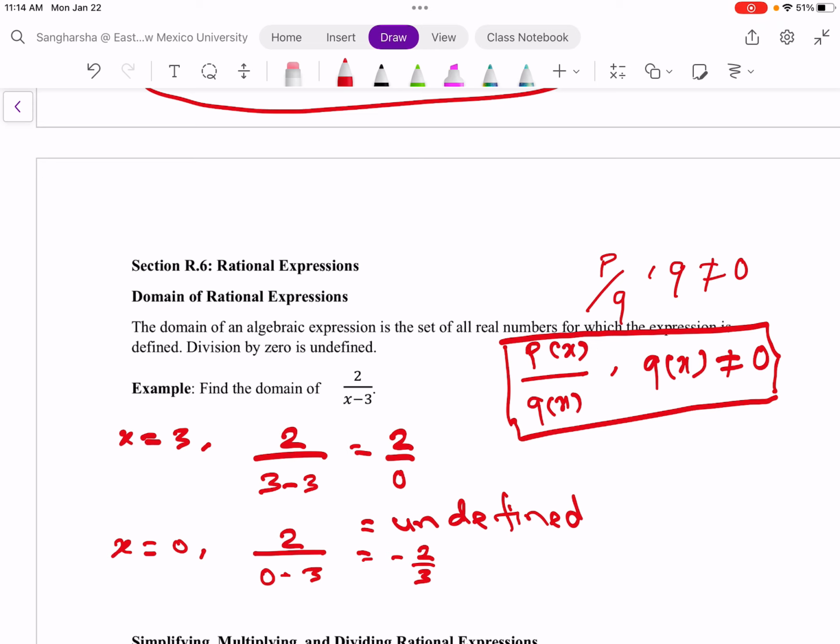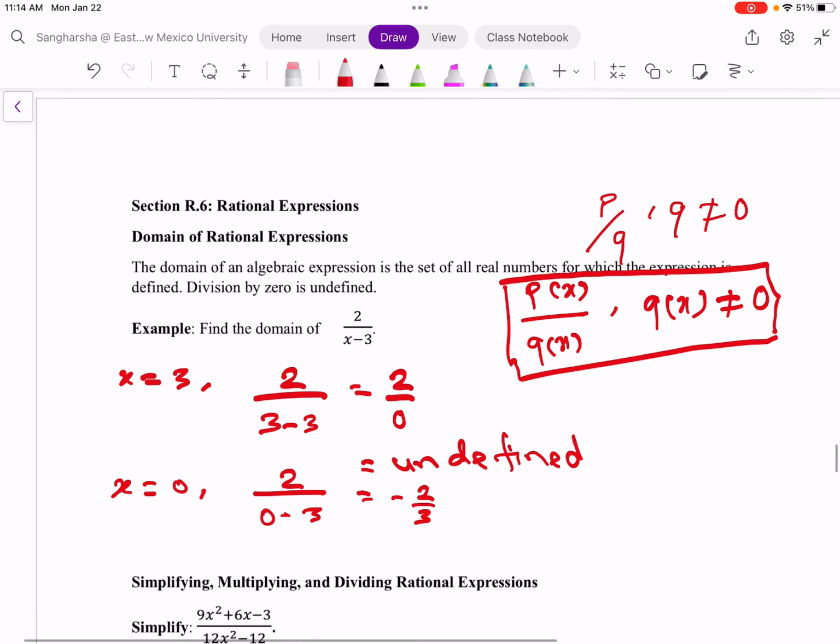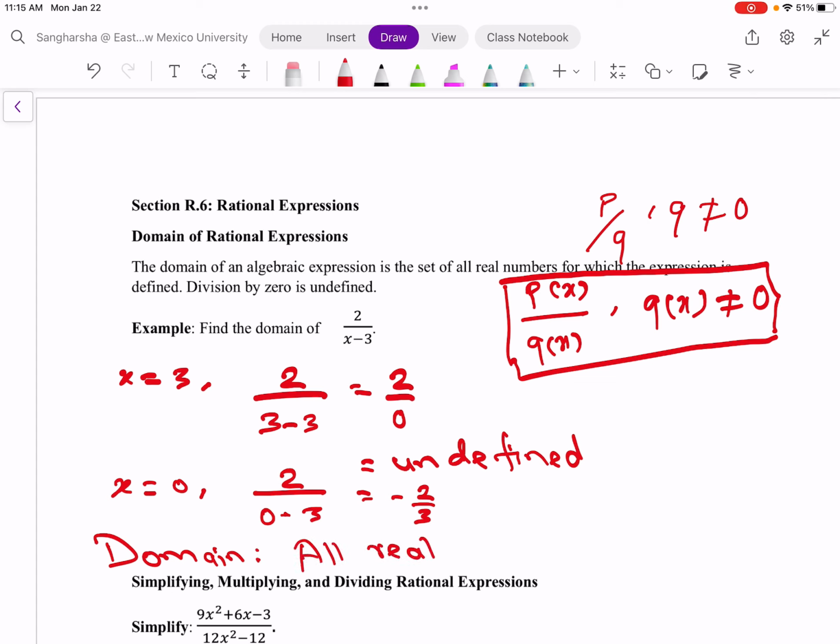If you choose any real number other than 3, this expression is always defined. You choose any number other than 3, and you can always get a real number. So every real number other than 3 is the domain for this expression. We'll be talking in detail about this. For now, the domain is all real numbers other than 3.